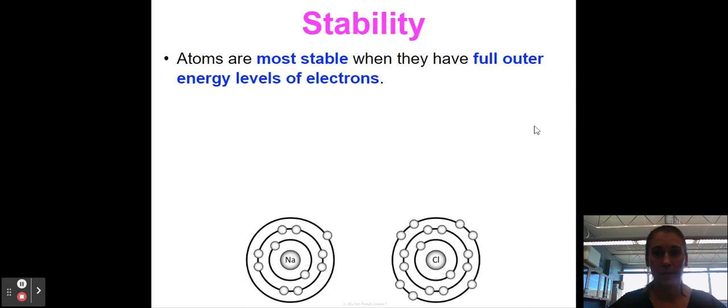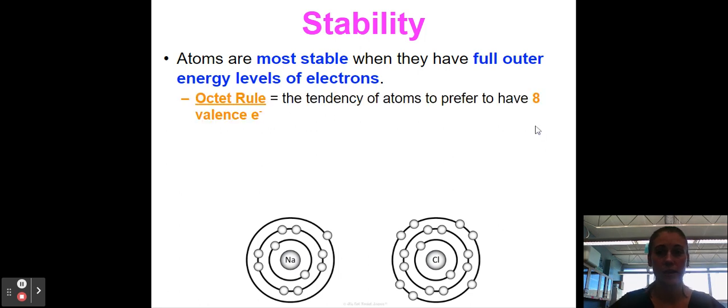Stability. As far as stability, atoms are most stable when they have full outer energy levels of electrons. There is something called the octet rule, and this is the tendency of atoms to prefer to have 8 valence electrons. That is the overall rule, but there are always some exceptions.